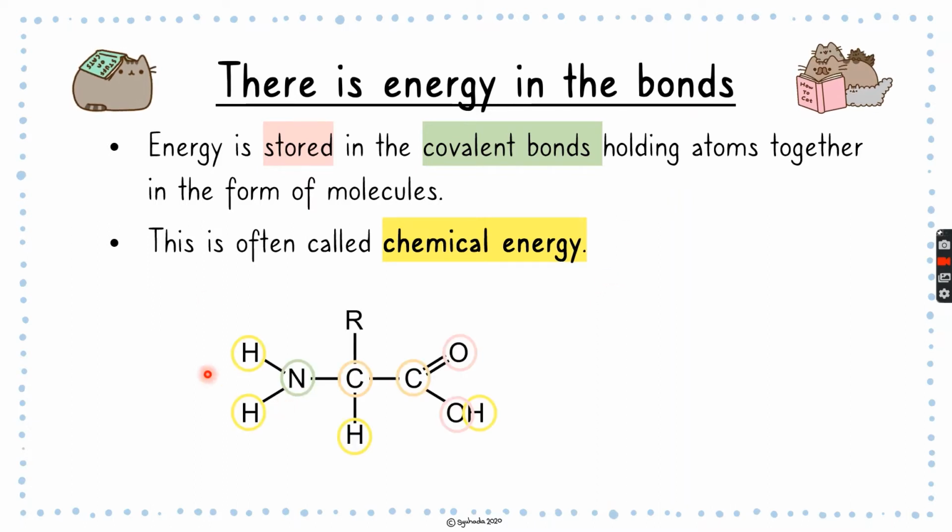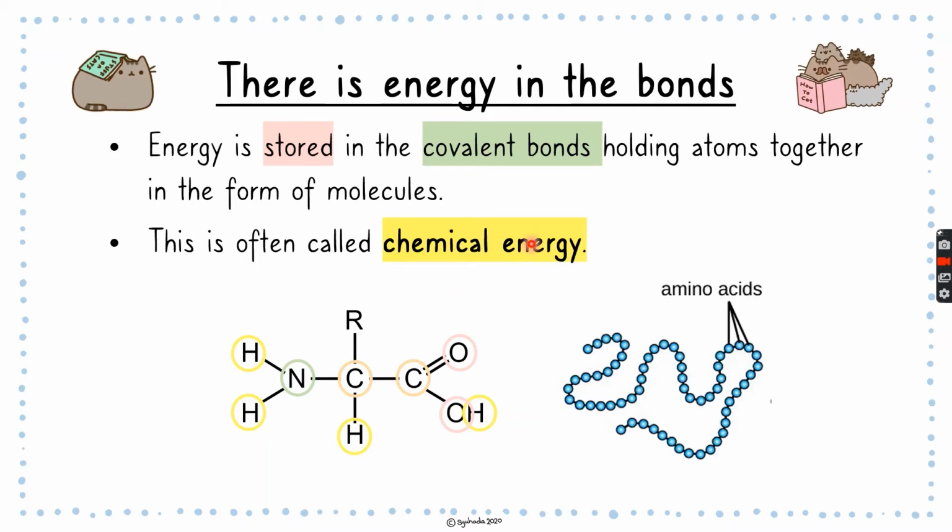So right here, this is a diagram of an amino acid. An amino acid is actually a subunit of protein. So the protein that you can find in chicken and in beef and in fish, they are all made up of these tiny bits of amino acids joined up together. And one of these circles right here, one amino acid, looks like this. It's made up of even more bonds right there.